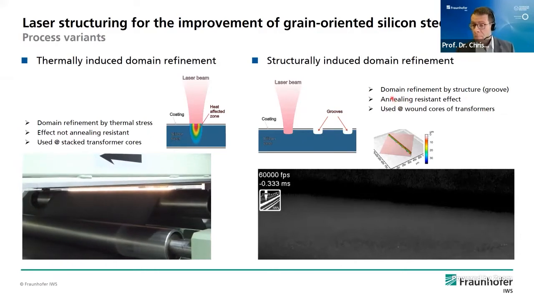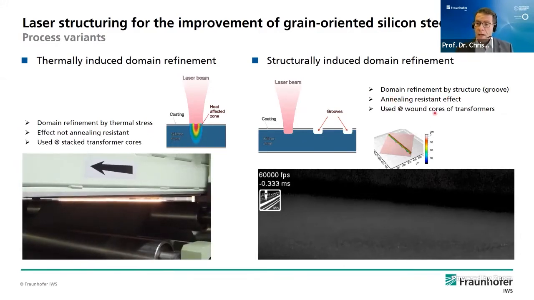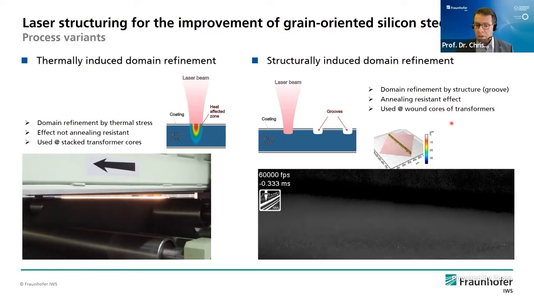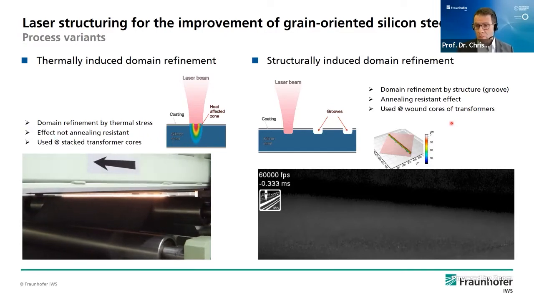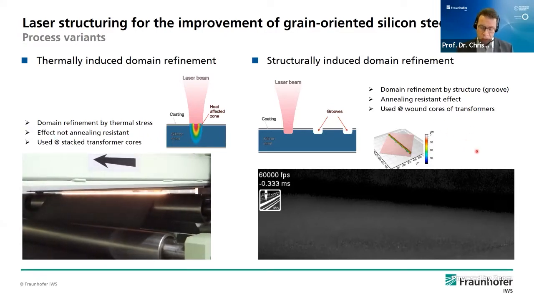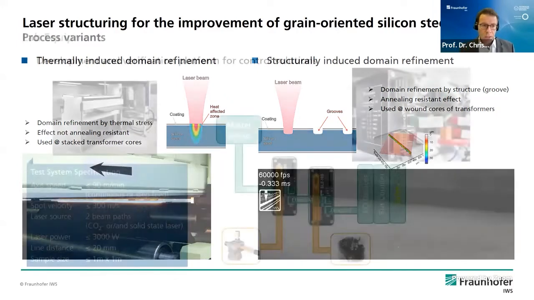And this leads again to domain refinement by structures. And these structures, of course, are annealing resistant, and therefore heat treatment does not harm this effect. This technology is then used for wound cores of transformers in industrial application.